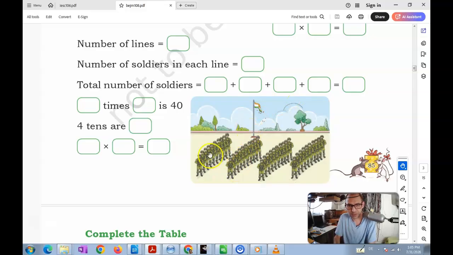In order to come up with this expression, 4 times 10, you just simply don't know what that is, right? The only way that you can know what 4 times 10 is, is to go through this addition, 10 plus 10 plus 10 plus 10, which you need to do manually, and then transfer the answer to this expression over here, right?